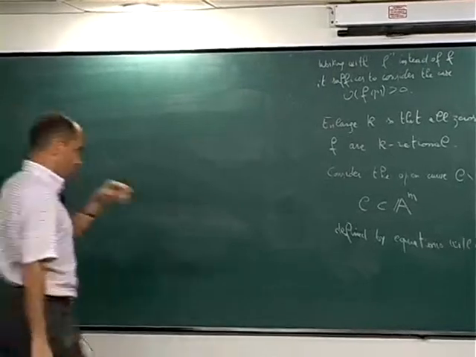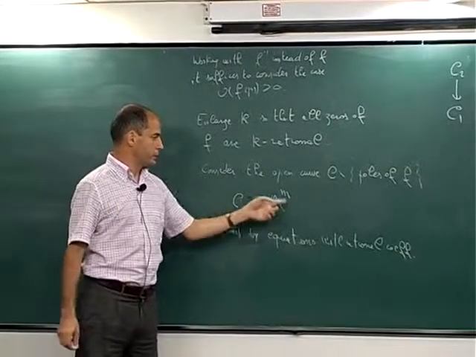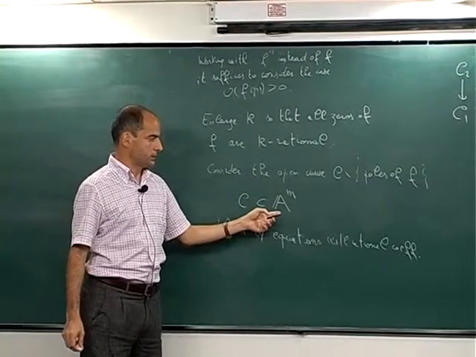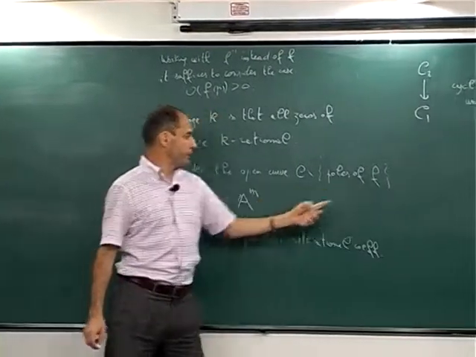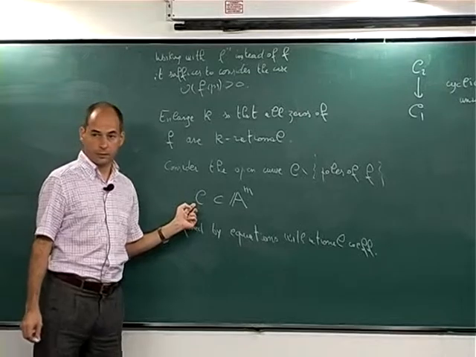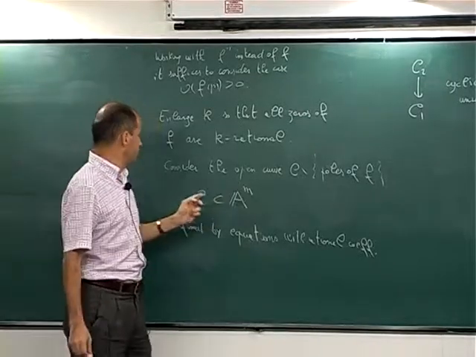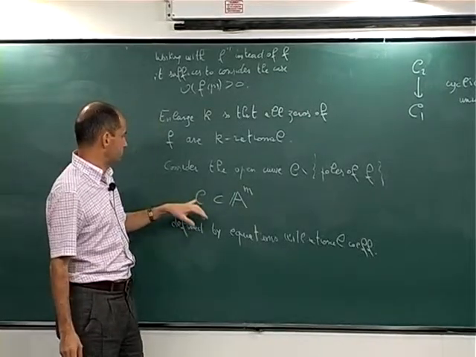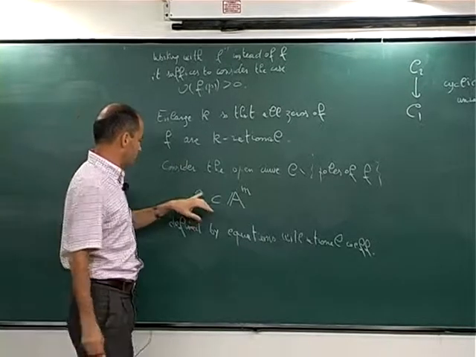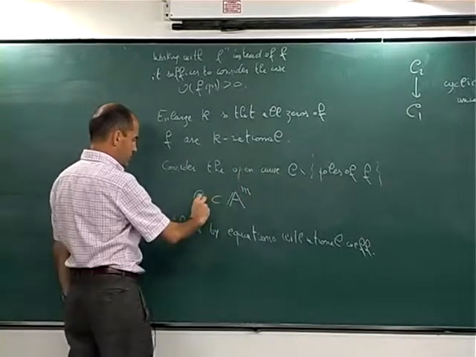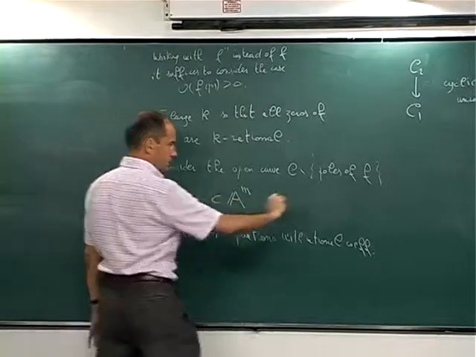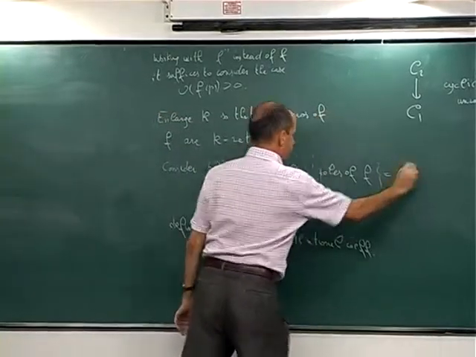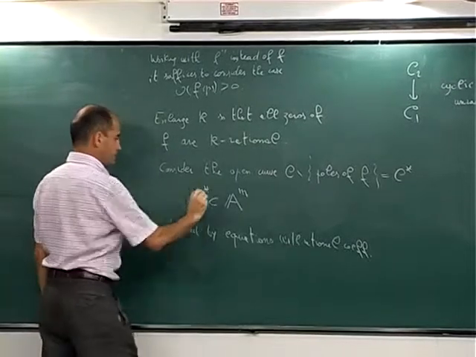So the curve C is defined by certain equations in m variables. The function f being regular on C, because we eliminated the poles, this is C minus the poles, this is C star.